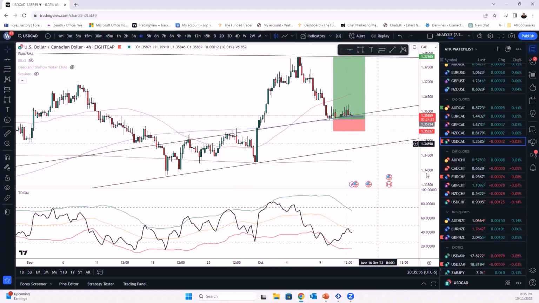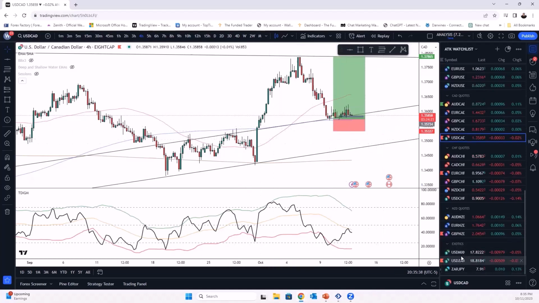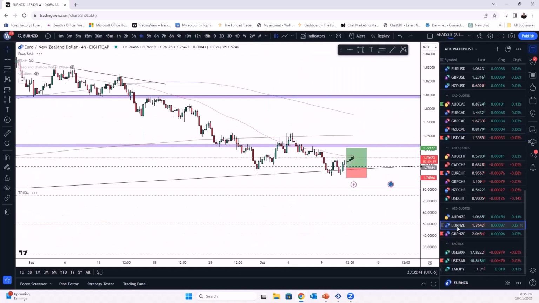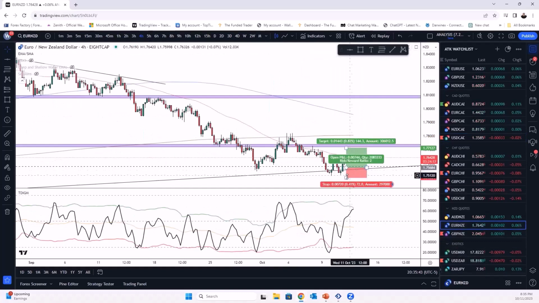So that would be fine. Now let's go to something like Euro NZD. A 40 is not going to work because to pull below this structure, I have to be at least 60, 70. So 40 wouldn't work. That would still put me in harm's way.